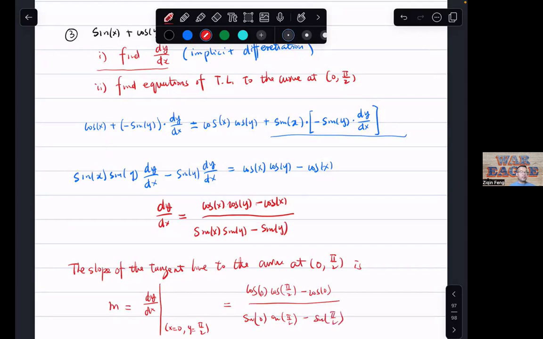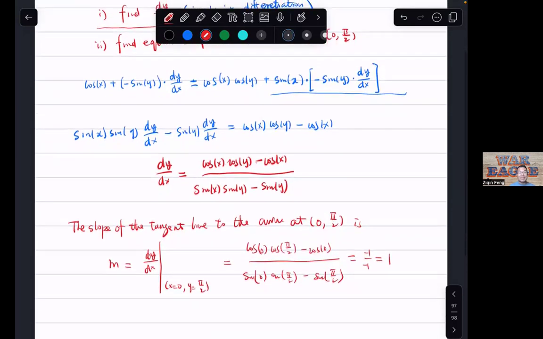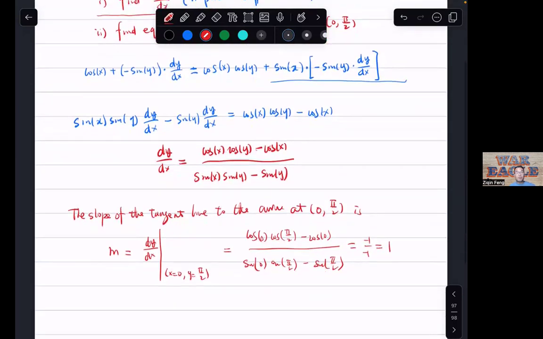Now you can see that the first terms in the numerator and denominator are both 0, and the second terms are both 1. So this is negative 1 over negative 1, which is 1. That is the slope.